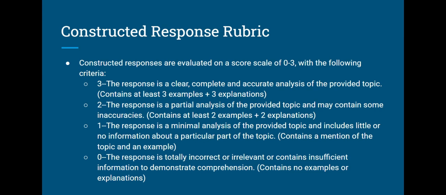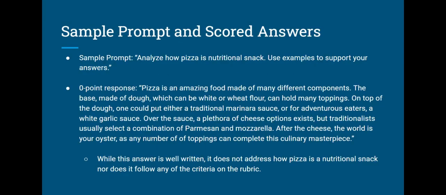A 0 is totally incorrect or irrelevant or contains insufficient information to demonstrate comprehension. Basically, if you just totally missed the mark and didn't answer the question at all, you have to work very, very hard to get a 0. They try as hard as they can to give you at least 1 point. So if you get a 0, you probably didn't do something you were supposed to do. You didn't read the prompt, you didn't read the passage, whatever it is.